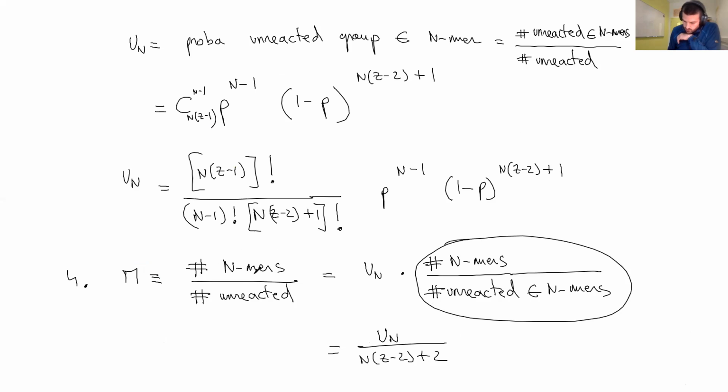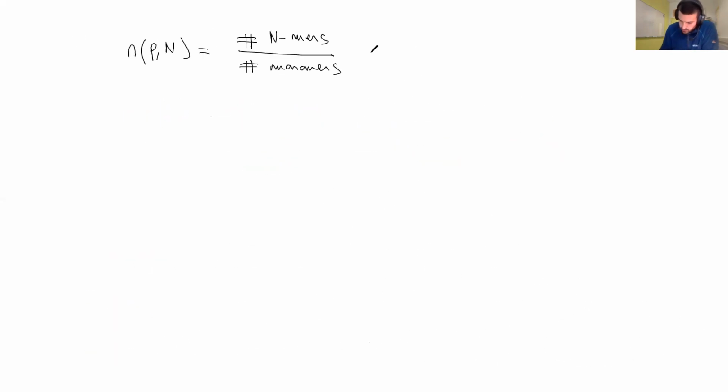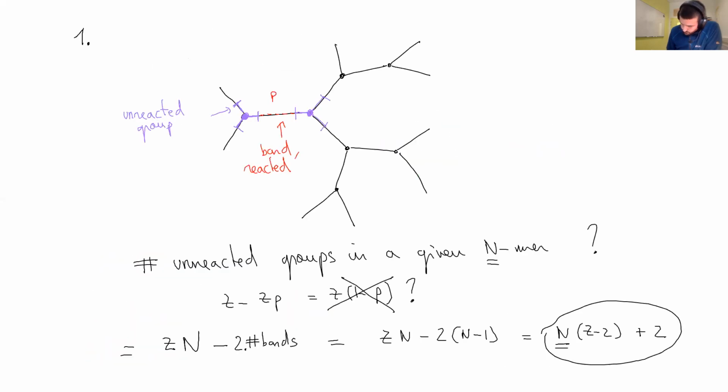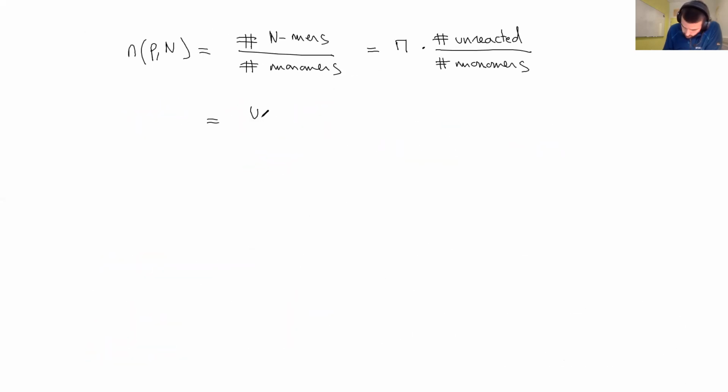So they have the same numerator, but not the same denominator. So it's M times the number of unreacted groups divided by the number of monomers, because I want this denominator. So M, we know it, it's UN over nz minus 2 plus 2. That is M. And then the number of unreacted groups divided by the number of monomers.